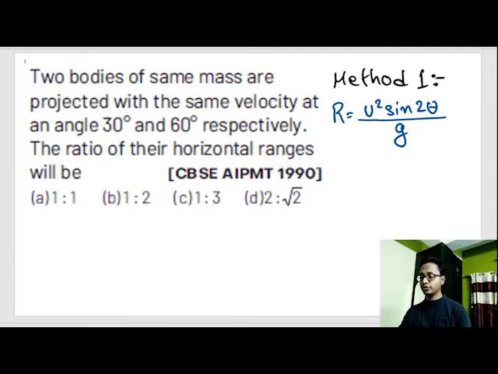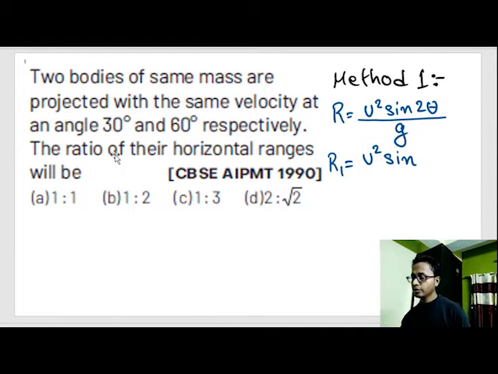The range of the first projectile, thrown at 30 degrees, is u square sine 2 into 30, or 2 into 30 is nothing but sine 60, by g.